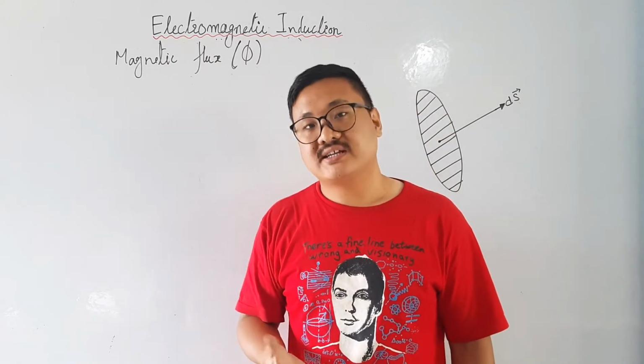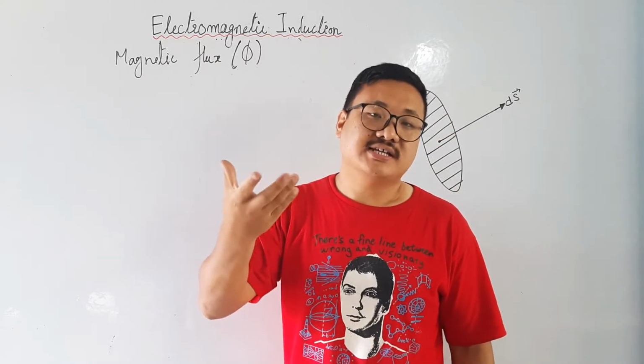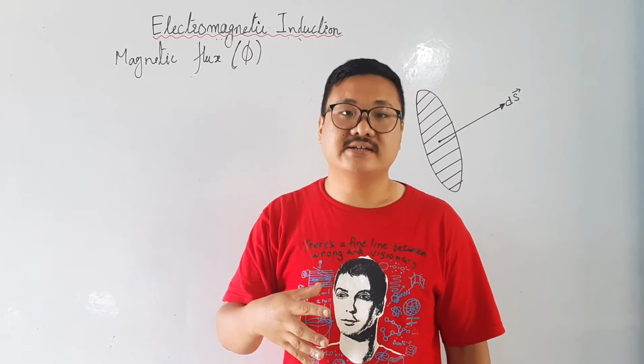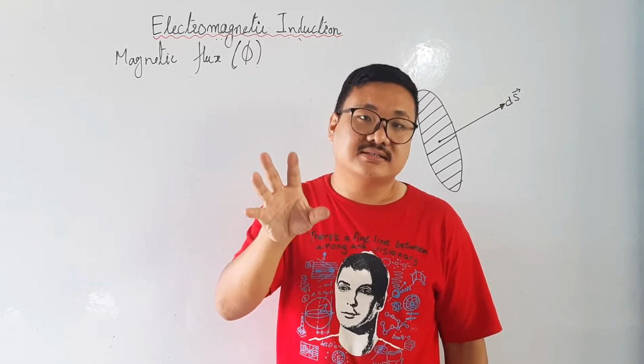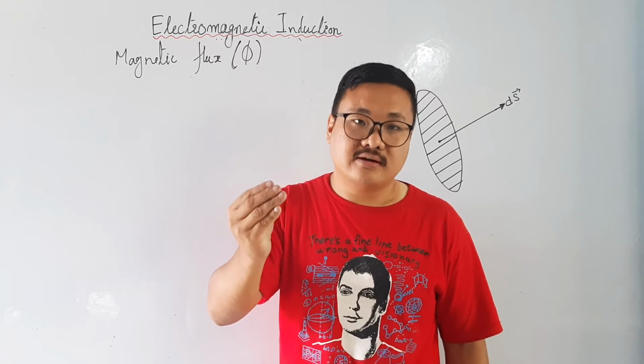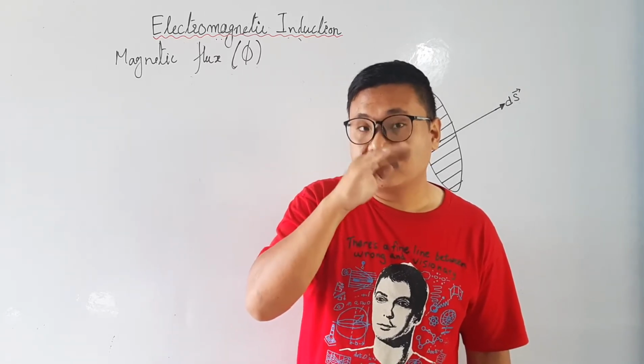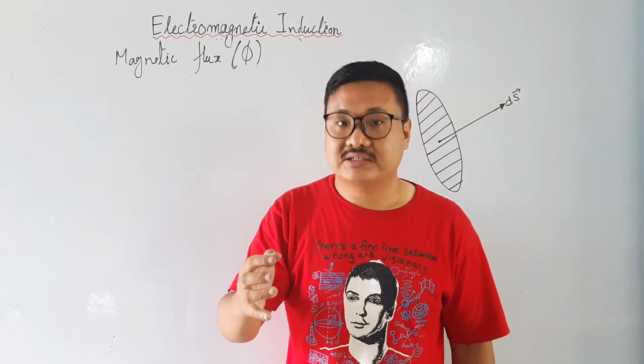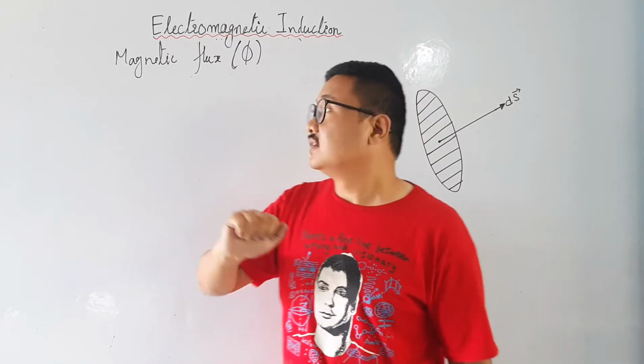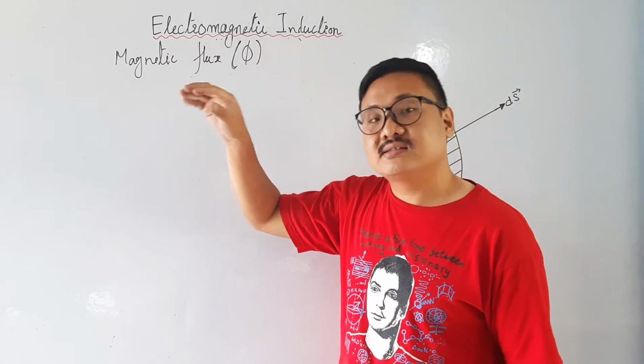We have also studied electric flux in chapter 2. We have defined that the electric flux is the total number of electric field lines passing normally through any surface. Similarly, magnetic flux is the same.